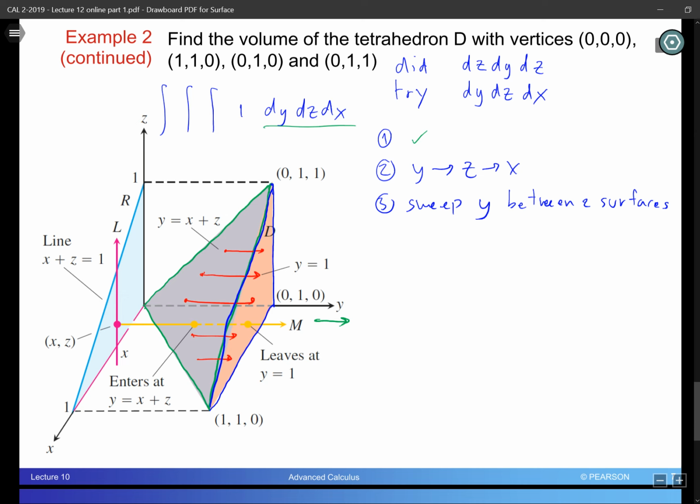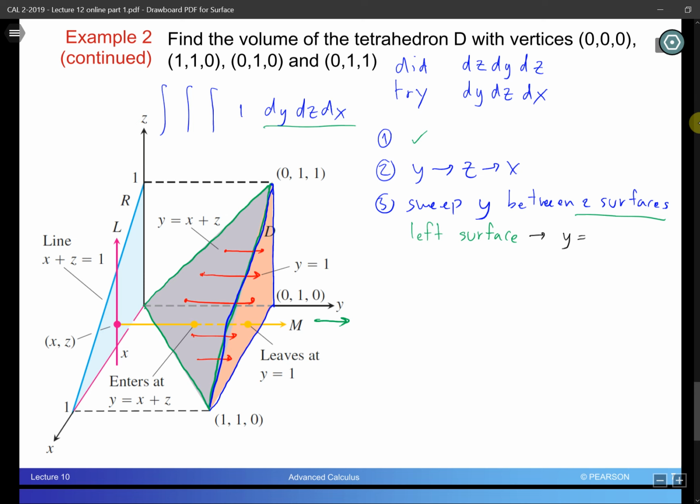So between two surfaces, in this case we have a left surface, different from example 1, right? Different from the first order that we tried. In the first order we had an upper plane and a lower plane. Now we have left and right. The left surface is this gray surface, and we all know this is y equal to x plus z.